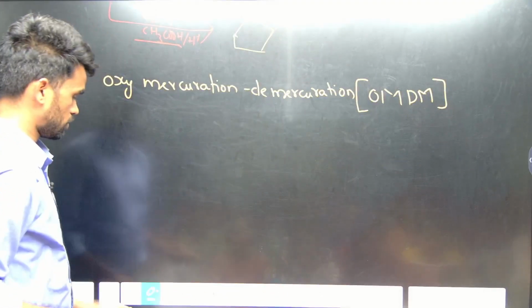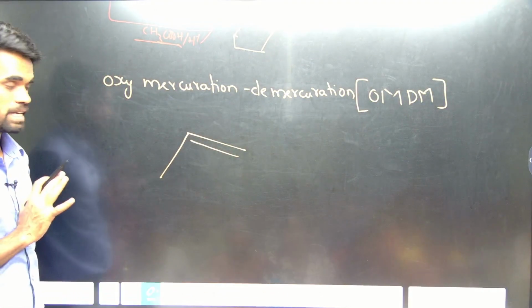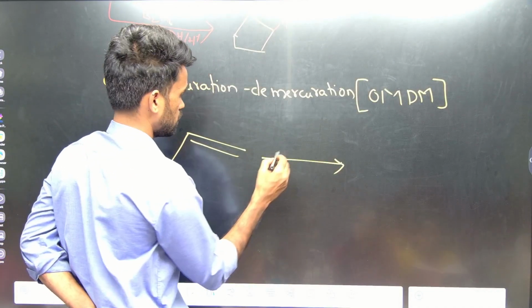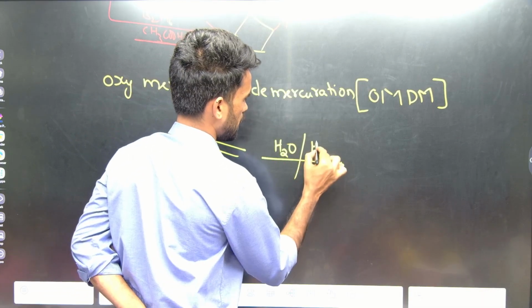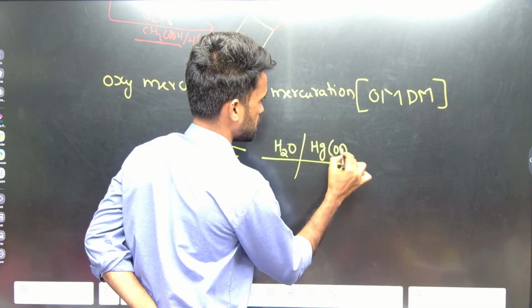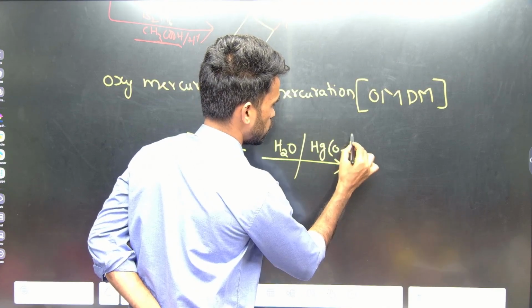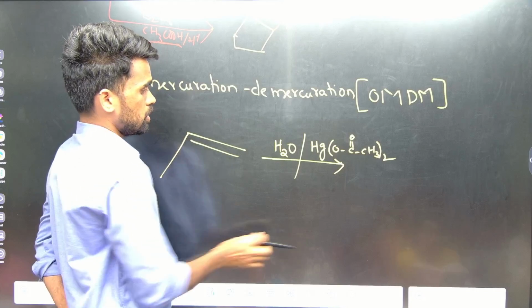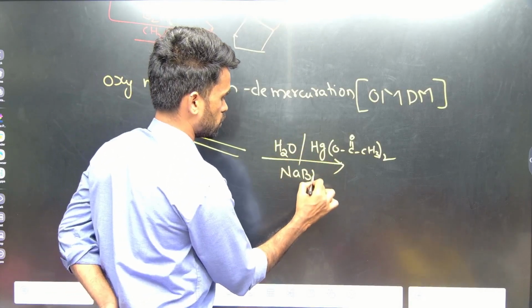See, like this we have an unsymmetrical or symmetrical alkene. To this you are adding water in presence of Hg(OAc)2. OAc means it is an acetate ion, like OCH3. Okay? During this reaction we will also use NaBH4.